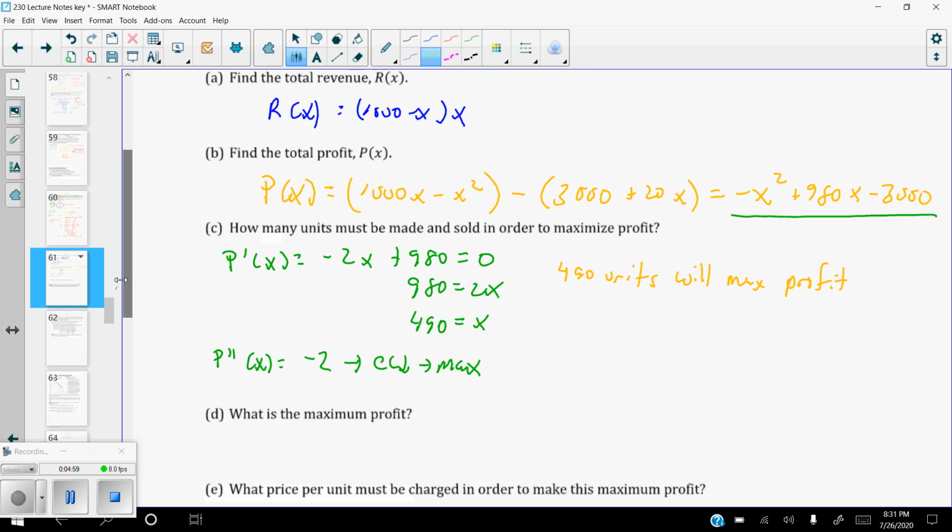So we're going to take 490 and we're going to put it back into the profit equation. So the profit of selling 490 units is going to be negative 490 squared plus 980 times 490 minus 3,000.